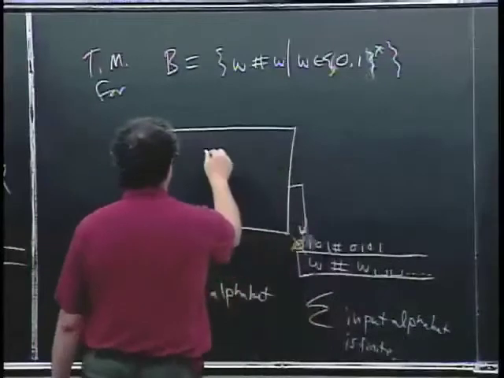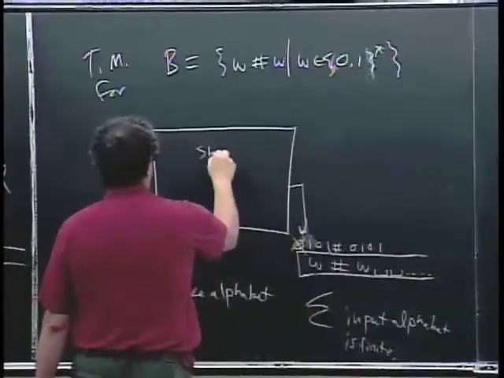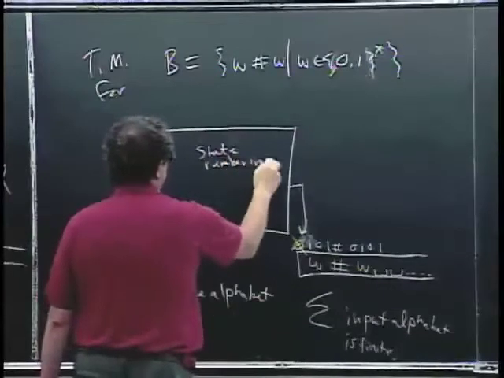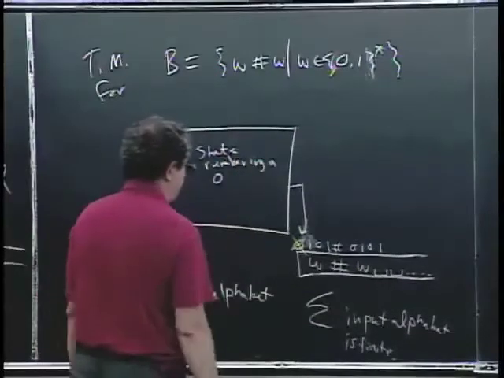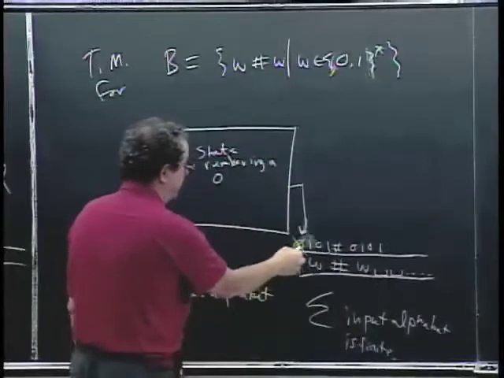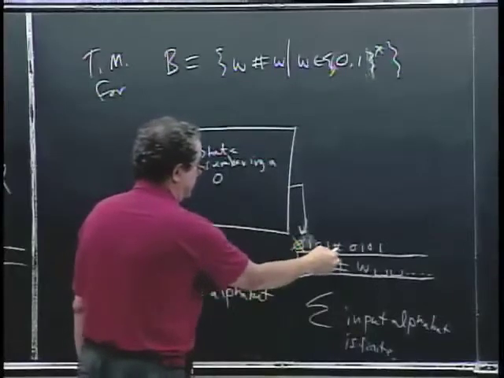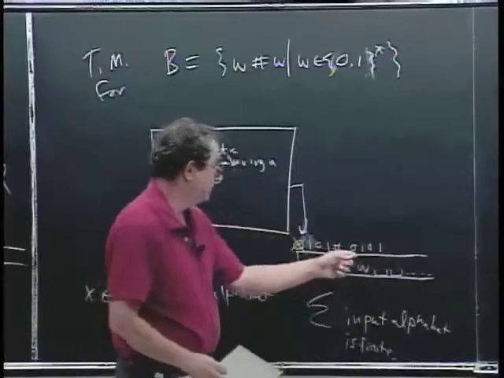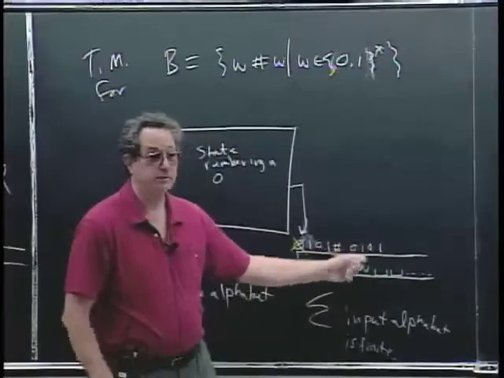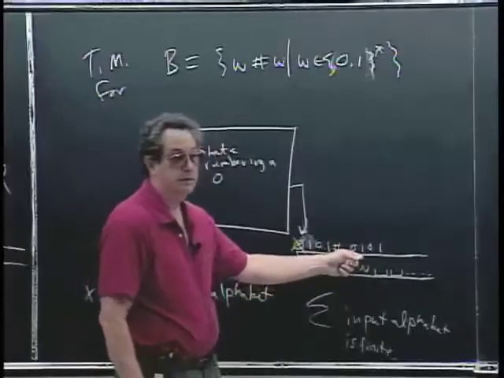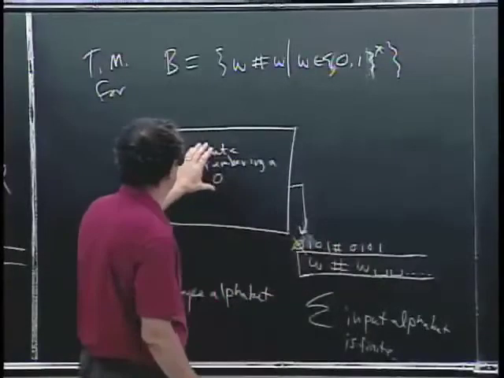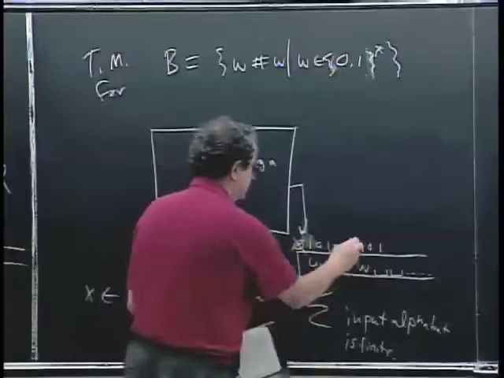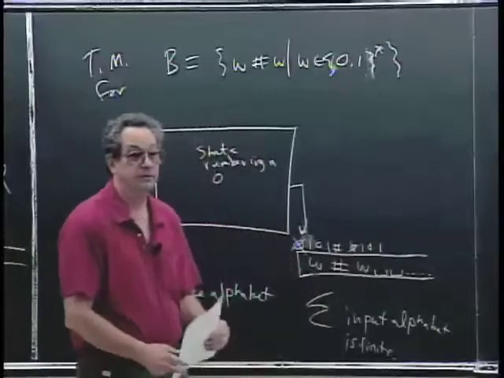And we're going to move into a state here, which is a state remembering that a 0 was read. And then we're going to be moving right until we see the hash, and then move right until we see something that's not an x, which in this case is just that 0. So we read a 0, and since we're in the state that's remembering that was a 0, then that one is crossed off, and we're good so far.